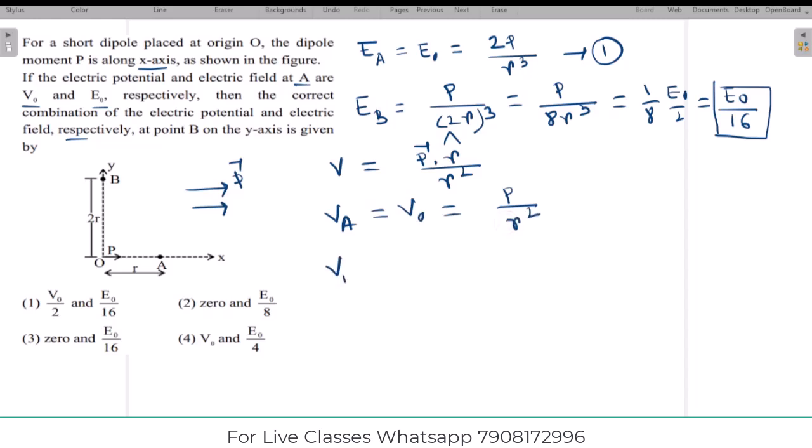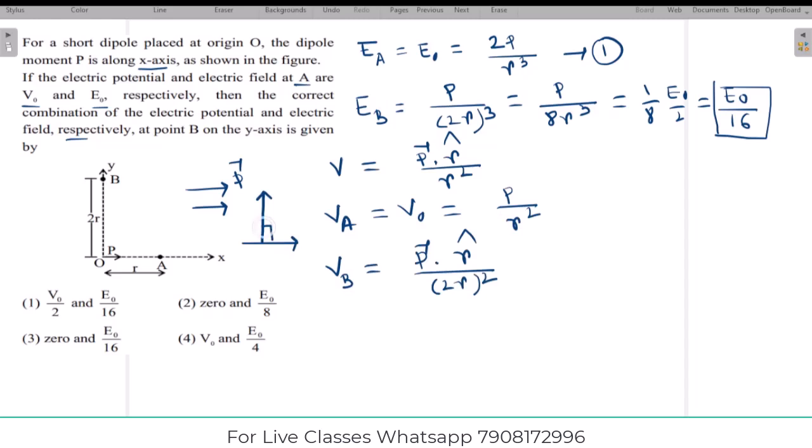Now for point B, V_B is equal to P dot r cap divided by r square, where the distance is twice r, so twice r whole square. For a point on the y-axis, the P vector is in the x direction and the point is in the y direction, so r cap is in the y direction.